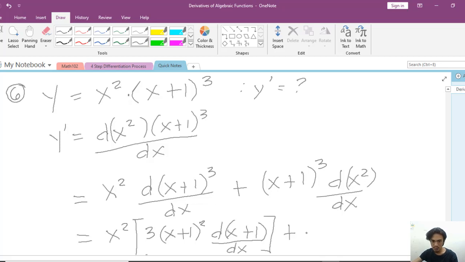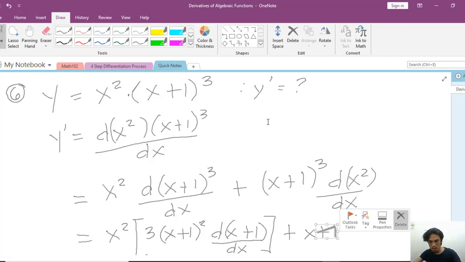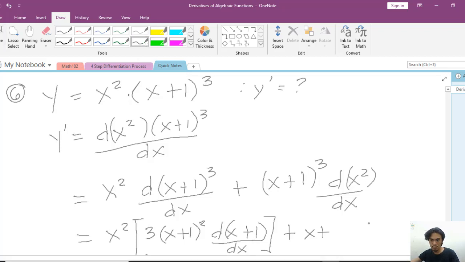Plus, for the second part, copy (x plus 1) raised to 3.